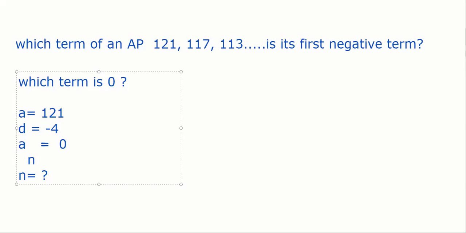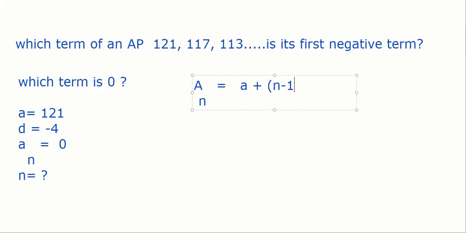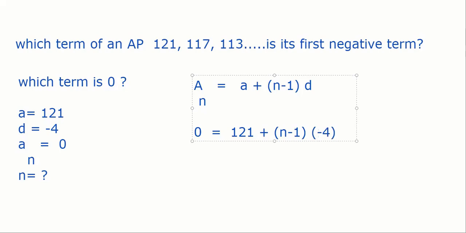We are going to use the nth term formula. I'm writing big A, otherwise small a. This is the formula everybody knows; we did it last time. The nth term is given by A plus (N minus 1)D. Let's say the nth term is 0. A is 121, N we have to find out, and D is -4.